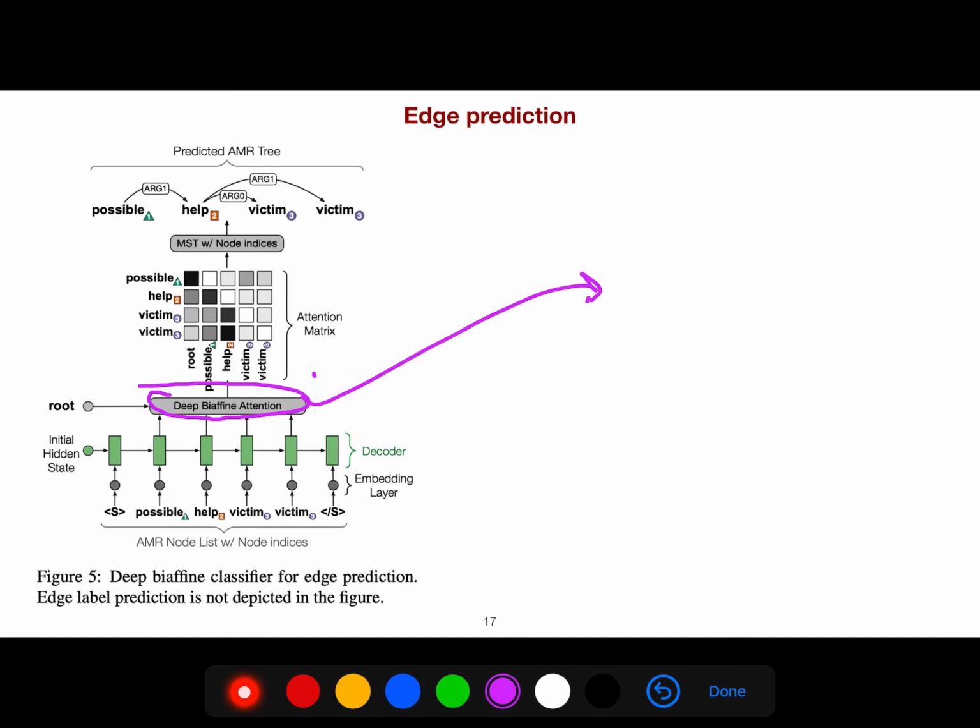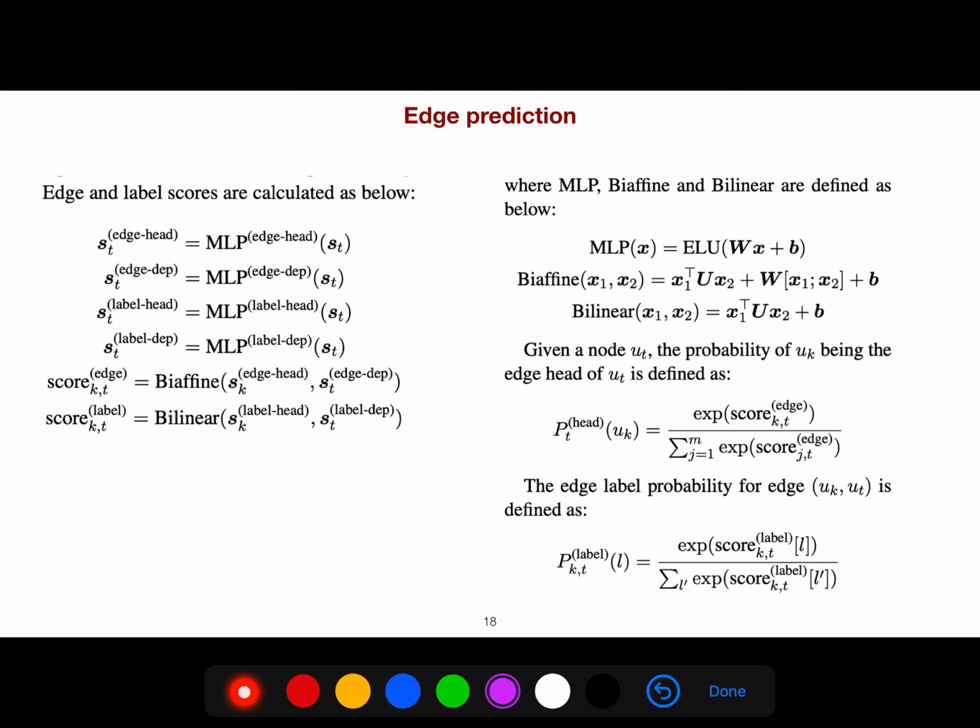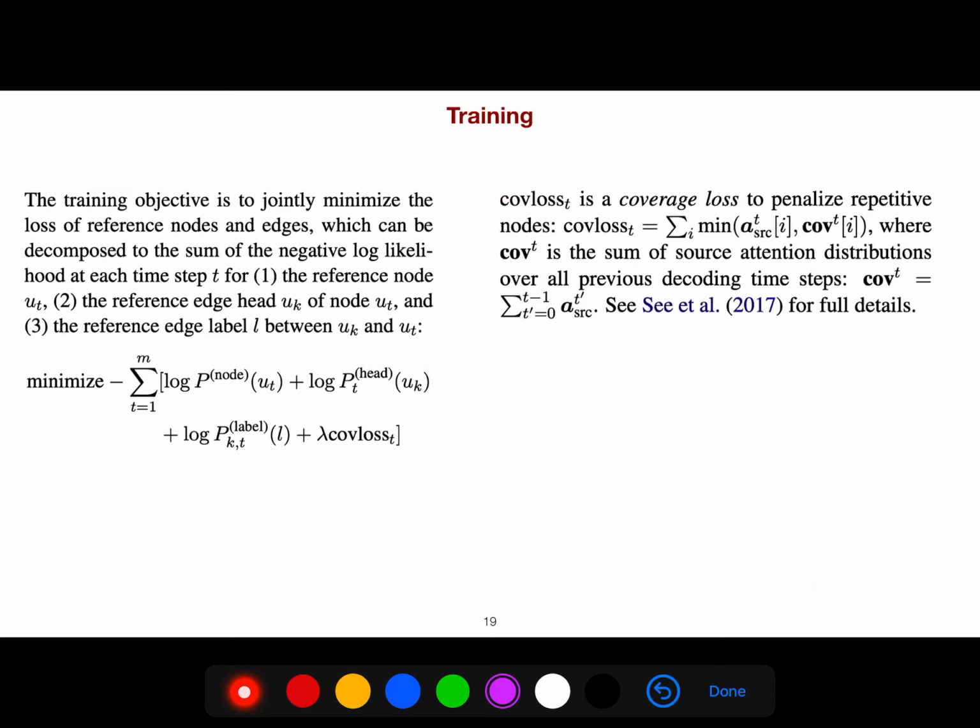And I've explained this article as well. This is a good structure that you will see in many articles because it's very natural. This is the simplest equation that you can make to relate some nodes. You can create the scores and finally get the probability of the head, and for the label you can use the same analogy.